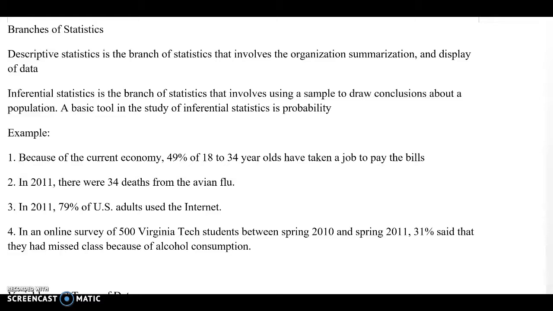This case is definitely descriptive statistics, because in an online survey they are collecting, organizing, and then displaying the data, which is that 31% said they had missed class because of alcohol consumption. So numbers 1 and 4 describe descriptive statistics, and numbers 2 and 3 describe inferential statistics.